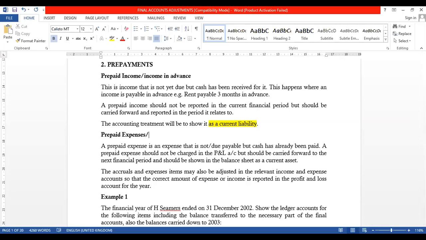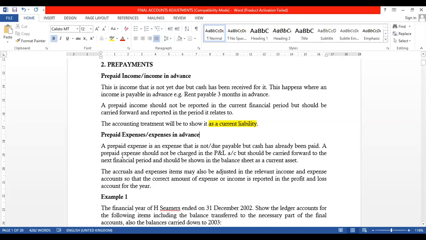You can also call it expenses in advance. You've paid it, yet you have not utilized that money. It will be utilized in future. That is called a prepaid expense.